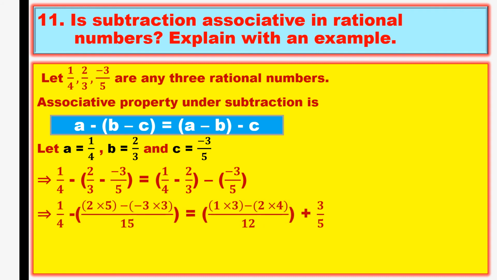So you can do minus into minus plus directly, or else you can do it later also. 1 by 4 as it is you write here. Next I took the LCM here because I should simplify the bracket first. So the LCM of 3 and 5 is 15. So in the 3 table, 15 goes 5 times. So 5 into the numerator is 2.